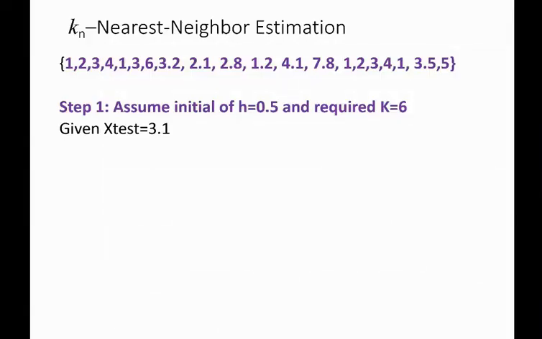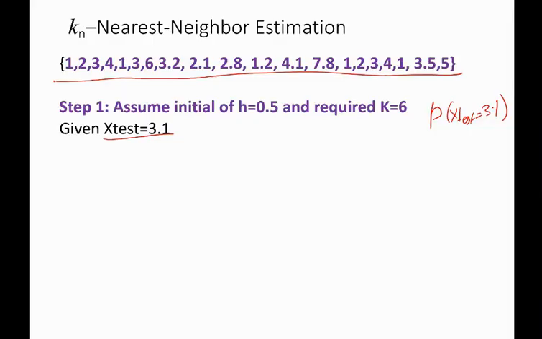Now let us have these many samples. This is a set of samples given to us, one dimensional, and we want to find out, say, probability at x test equal to 3.1. Now since this is k nearest neighbor estimation, our window size can grow.